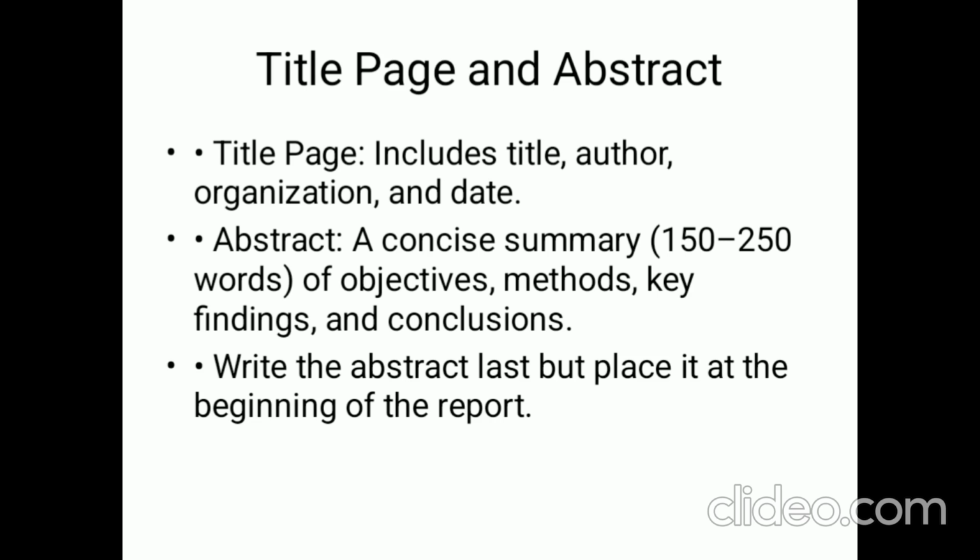The abstract is a brief summary of the entire report. It usually has around 150 to 250 words. It covers the objective, method, key results, and conclusion. Although it appears at the beginning, it is usually written last after the full report has been completed.